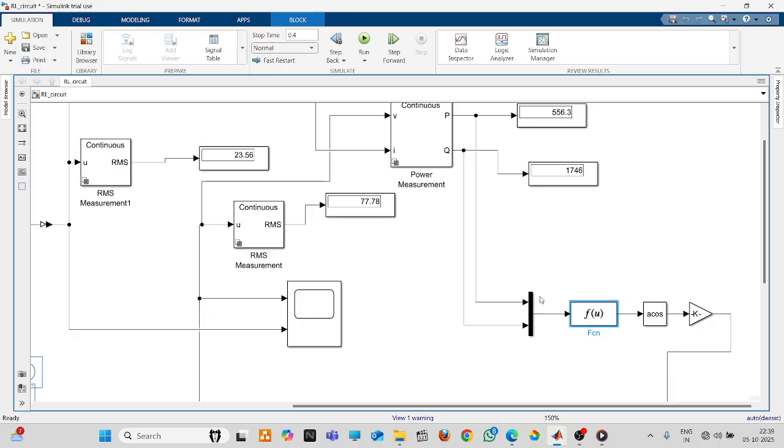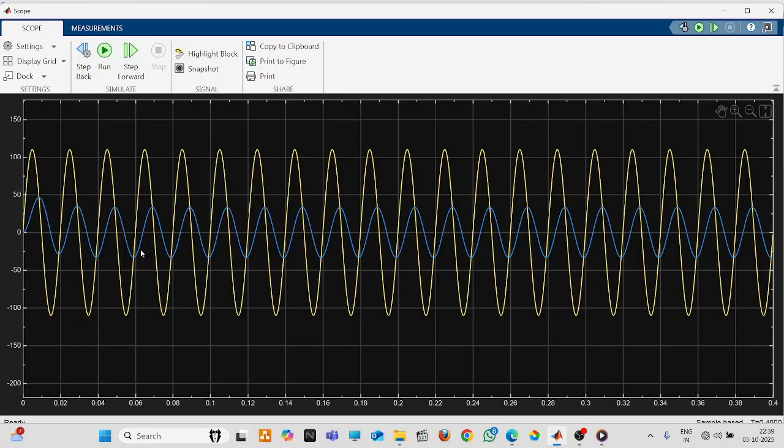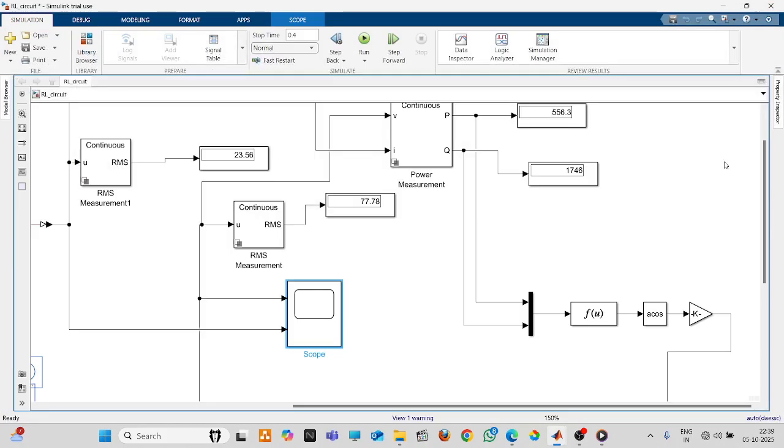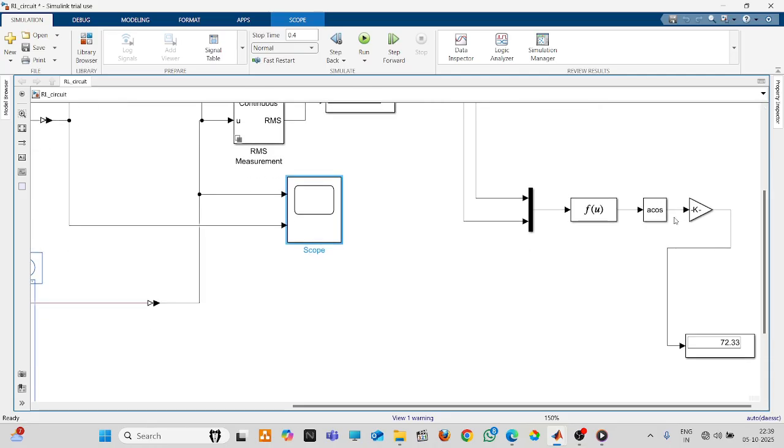Before that, we have taken a multiplexer, that is mux. After that, we calculate the angle between the voltage and the current, because we want to estimate this angle. I think this is coming around 70 degrees. For that, you need the cos inverse.